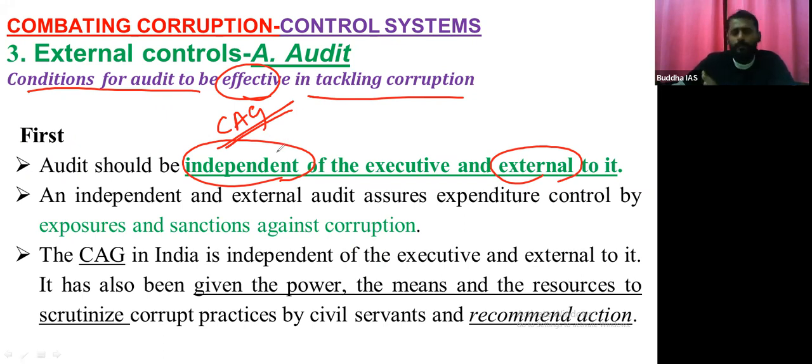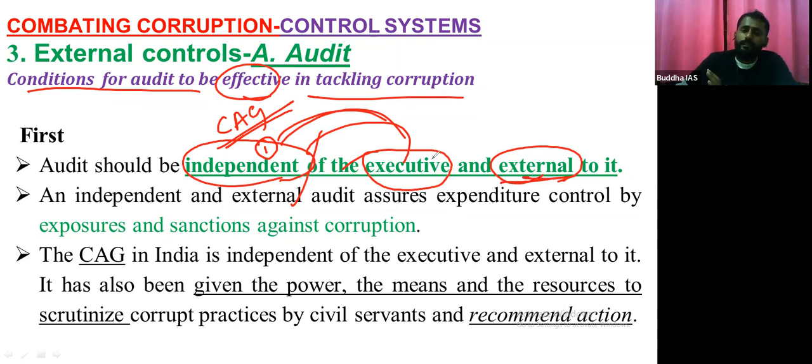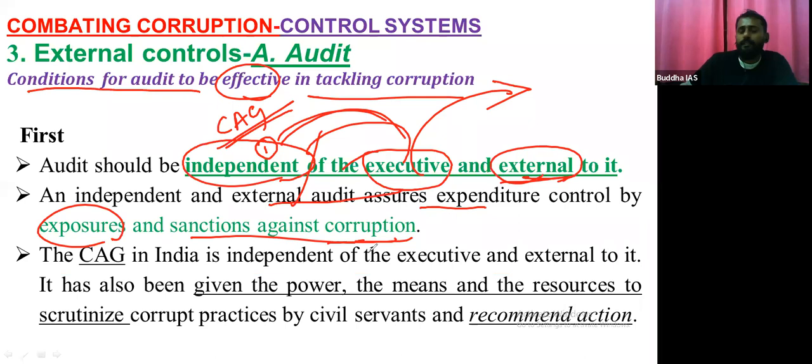To make CAG or any audit person effective, number one, they have to be independent of the executive. It means the executive should not have any power of transfer, appointment, salary, anything like that. They should be completely independent of the executive and external to it, which means outside the executive. The independent and external audit assures expenditure control by exposure and sanctions against corruption.